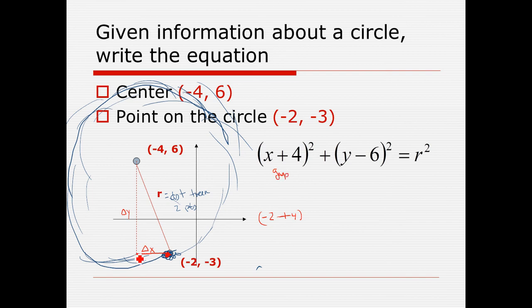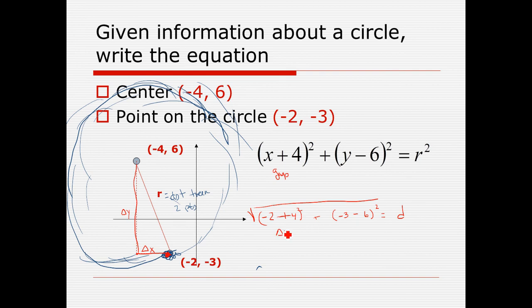What is your change in y? Your change in y is y2 minus y1. What is that? -3 minus 6. And remember, that is the distance formula with what? Whoops, I forgot to square these. Square that one. The square root. The distance formula is how you find the length of a radius.